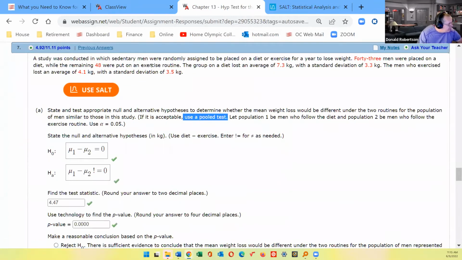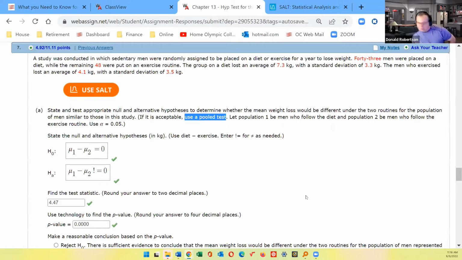So if this number here, the standard deviation, was actually the same number as the other one's standard deviation, right? So you see in this case, it's 3.5 and 3.3. If they were both 3.5, I would probably assume equal variance as well. They're going to use that phrase because they like that phrase, I guess.